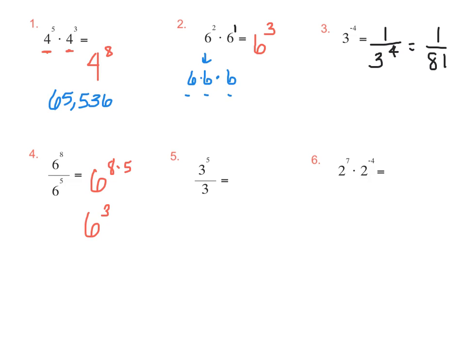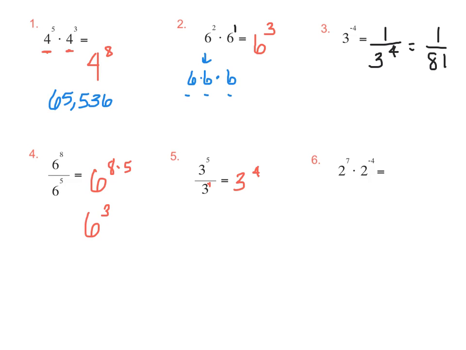Solve number 5. Similar to number 2, when I don't have an exponent like this denominator, it's like I'm doing 3 to the 1st power. So 3 to the 5th divided by 3 to the 1st is really going to be 3 to the 4th. Again, we subtract our exponents when we're dividing exponential expressions.